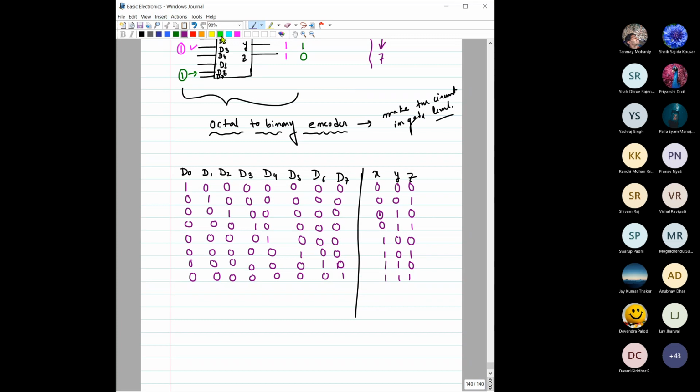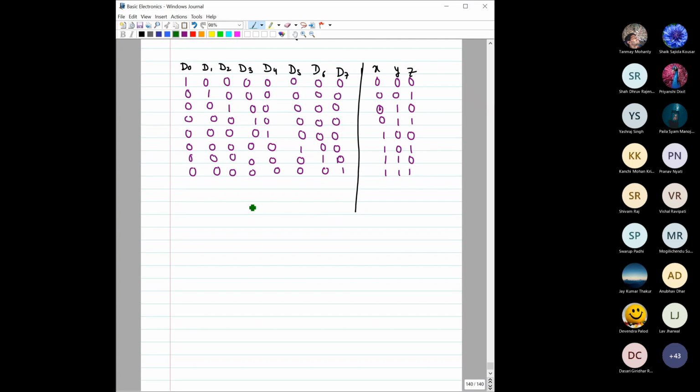Right. So how can we write the expression of X? Please tell me quickly. D4 plus D5 plus D6 plus D7. Right. You have to check where X is 1, for these four values.